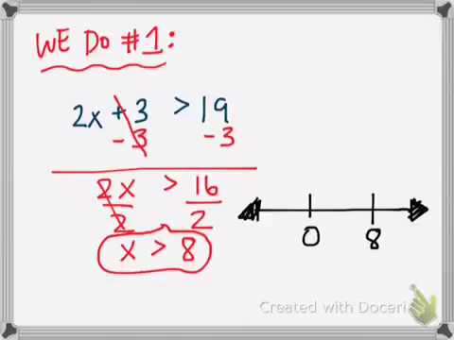So x is greater than 8, so I use my open circle. And then I have to shade the area where my solutions are. If x is greater than 8, that's anything to the right of 8. So anything to the right of 8 will make this inequality true. So for number 1, x is greater than 8, and then we graph the solution.